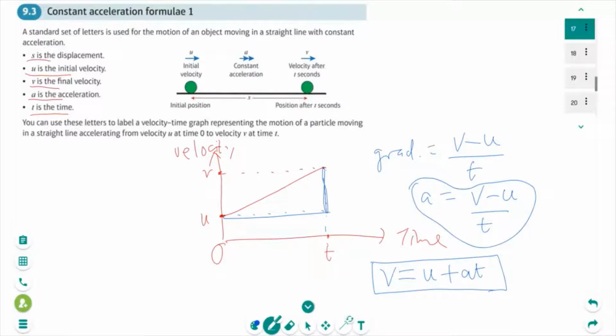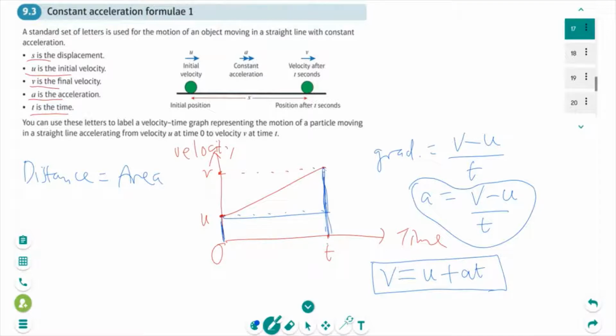the other thing you need to remember from yesterday, the area underneath the velocity time graph is the distance traveled. If you work out the area of this graph, it's like a trapezium shape. One side is u, this side is v.